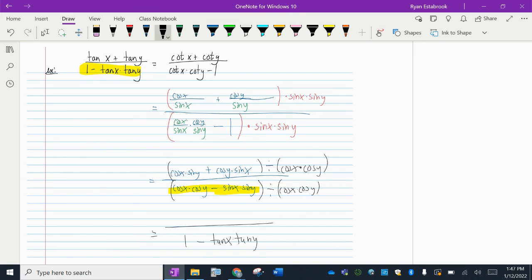What is cosine x times sine of y divided by cosine x cosine y? So what is this divided by this? This divided by that. Isn't it tan y? Plus, and then cosine y sine of x divided by this. This divided by this.